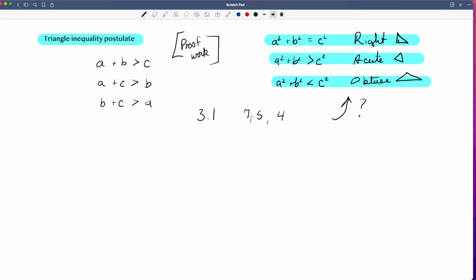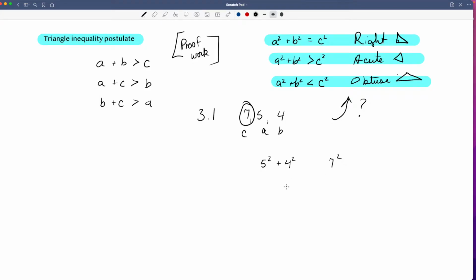So if this is a right triangle, then 7 has to be C. And 5 and 4 could be A and B. It doesn't matter because they're combined. So we'll just call this A and we'll call this B. So what we're going to do is we're going to evaluate what these two give us. So we're going to say A is 5 squared and B is 4 squared and C is 7 squared.